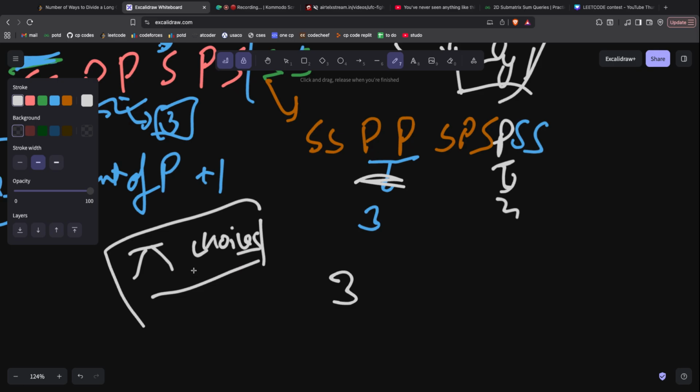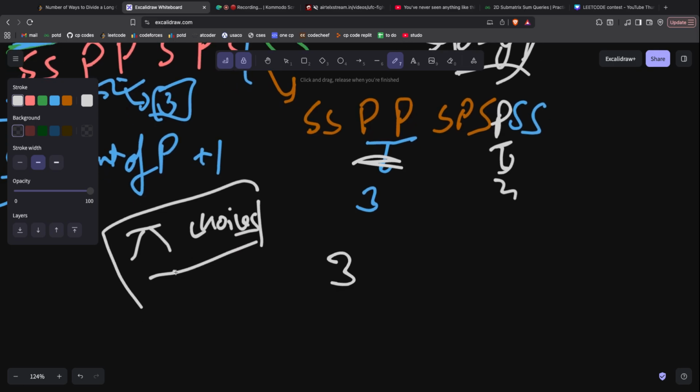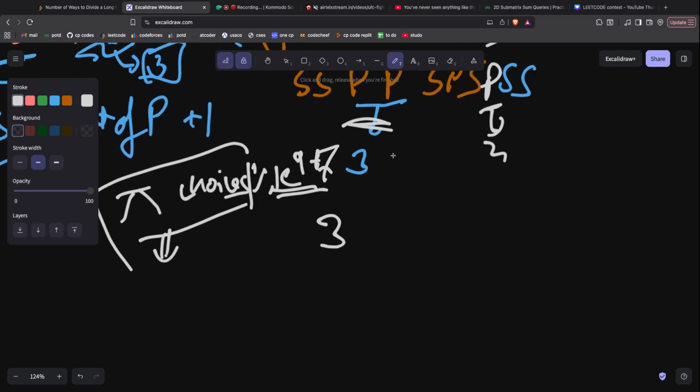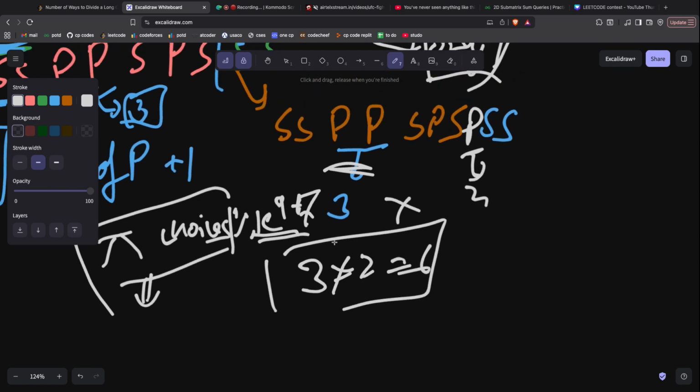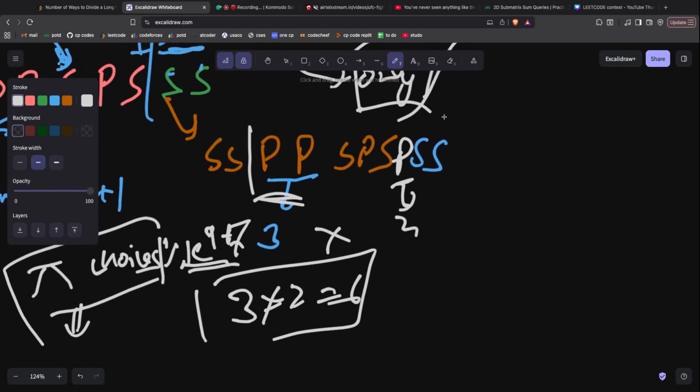If you are not able to understand, maybe looking at the code, you will be able to understand it more. So multiplication of all the choices under modulo 1e9 plus 7. Right. So here it would be 3 into 2, that is 6. So see, because you can put a divider here, you can put a divider here, then you can put a, that's it.